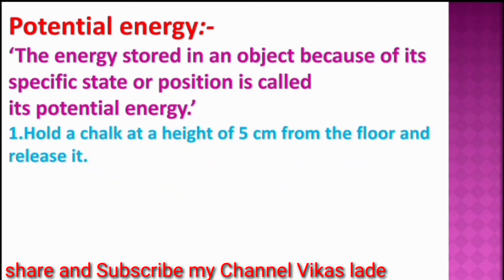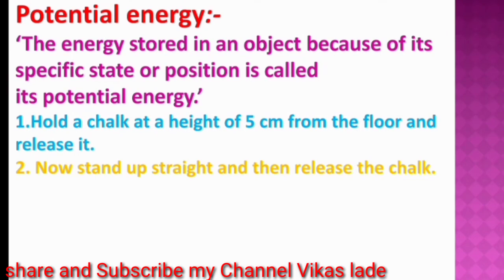Now let's learn some activities. Number 1, hold a chalk at a height of 5 centimeter from the floor and release it. Answer of this activity, its speed is very less as it falls to the ground. Now stand up straight and then release the chalk.